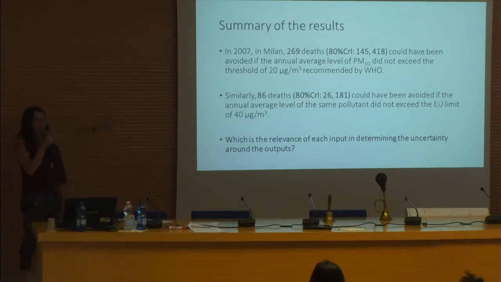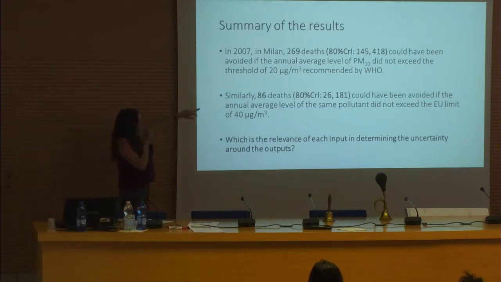These are my results. In 2007, in Milan, 269 deaths could have been avoided if the annual average level of PM10 did not exceed the threshold of 20 recommended by WHO.